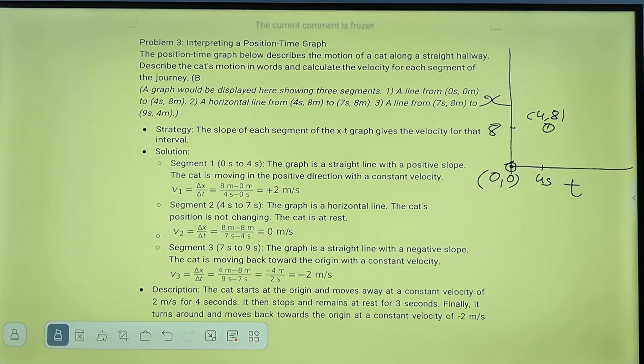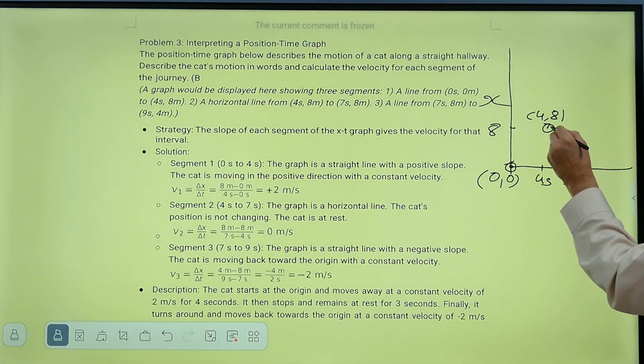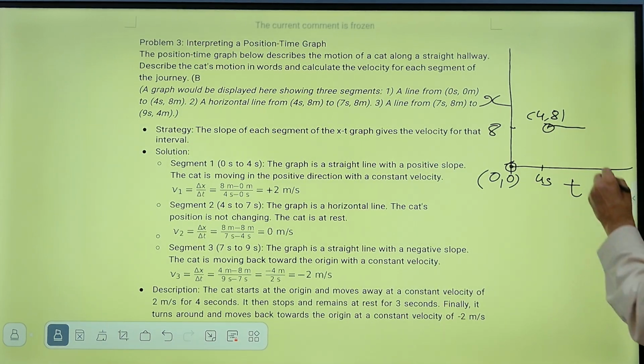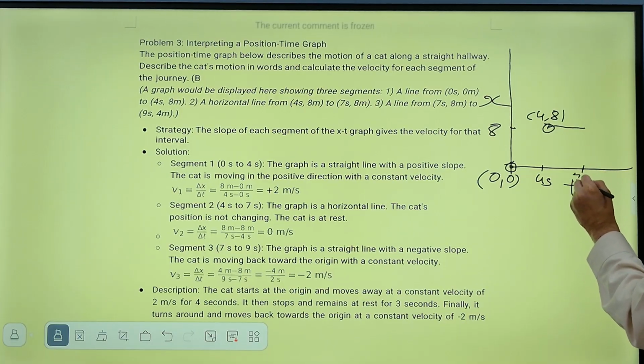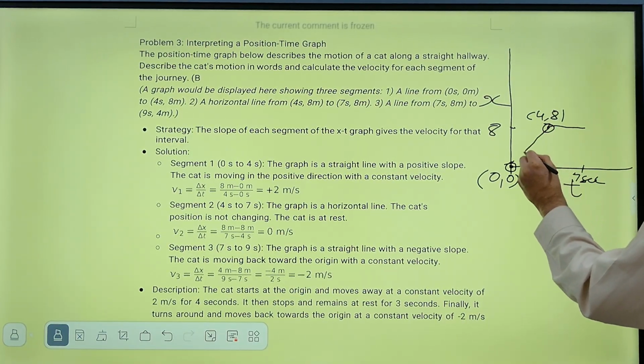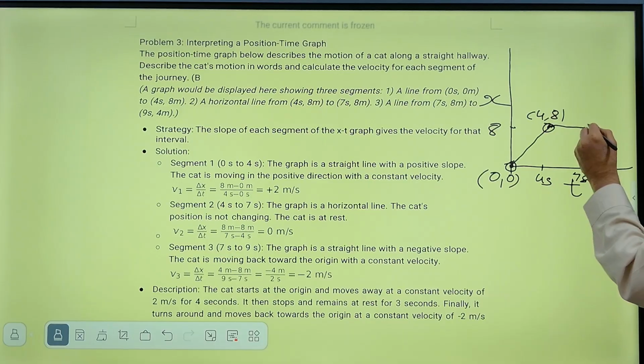Then a horizontal line from 4 seconds at 8 meters. So then it stops at 8 meters. So there is a horizontal line, okay, up to 7 seconds. So it moves from here to here like this. Then it is just staying at this point at 8 meters.